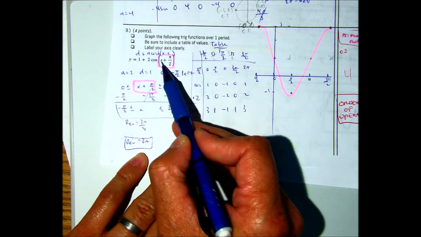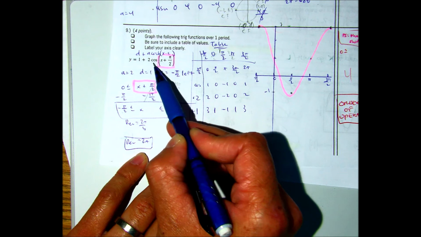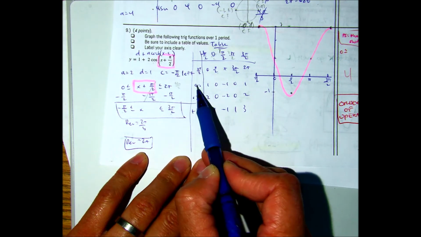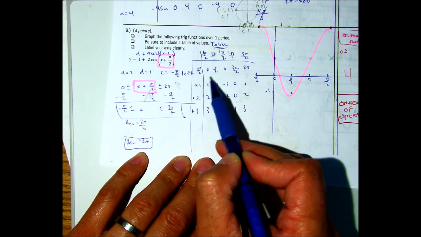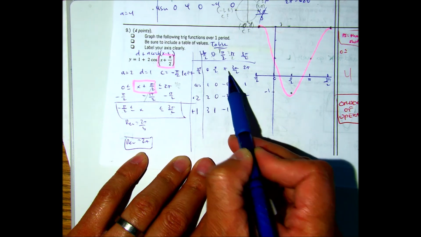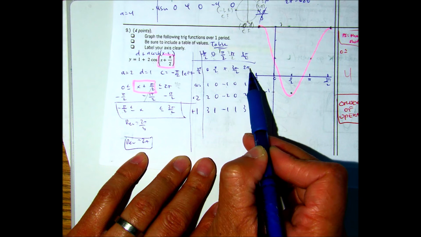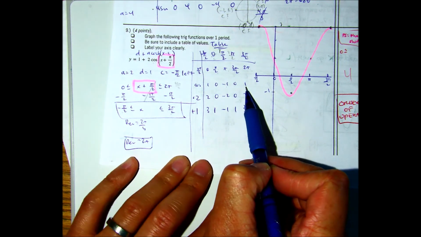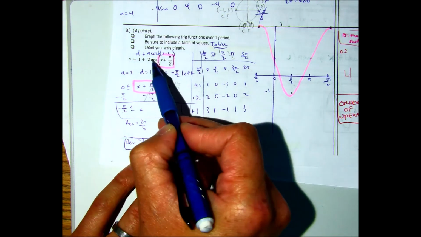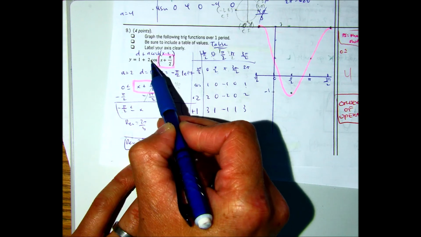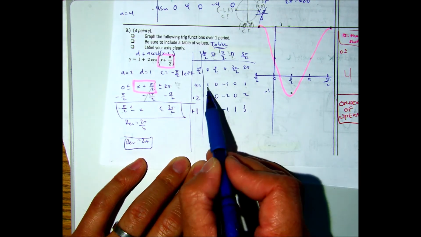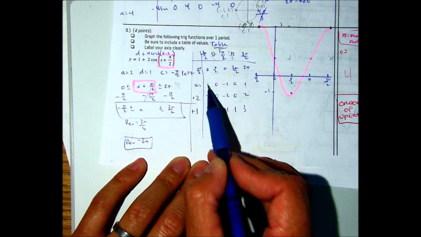The next thing you're going to do is find cosine at those values. So cosine at 0 is 1. Cosine at pi over 2 is 0. Cosine at pi is negative 1. Cosine at 3 pi over 2 is 0. And cosine at 2 pi is 1. The next thing you're going to do here is multiply this whole row by 2. 2 times 1 is 2. 0.